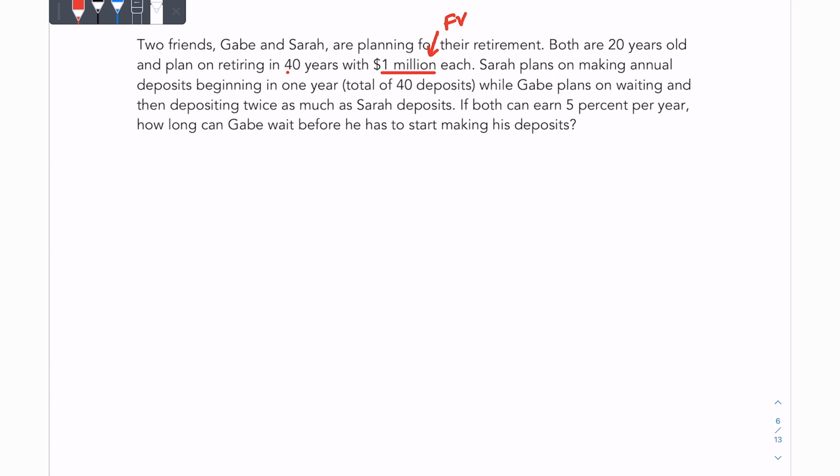We know she's going to make 40 deposits. She's making annual deposits for 40 years. So if 1 million is my future value, I'm going to set that equal to the future value of an ordinary annuity formula, but I'll set my payment as the unknown.